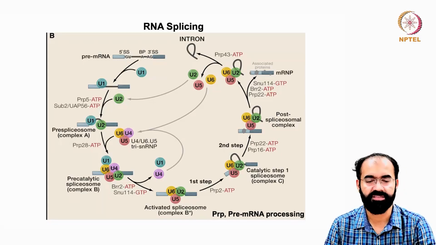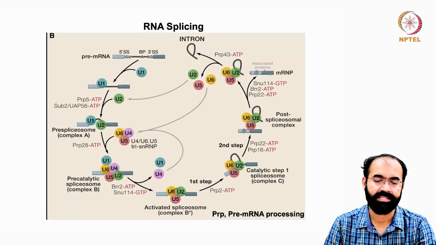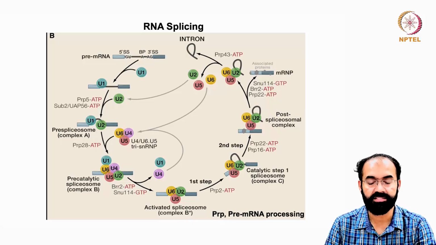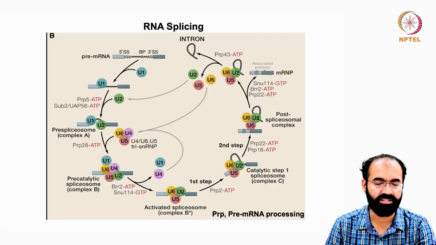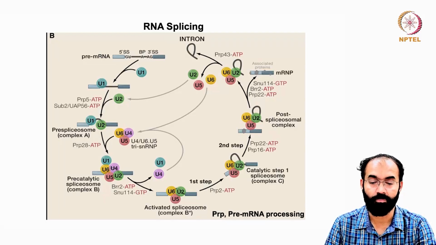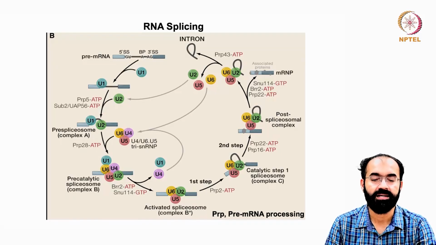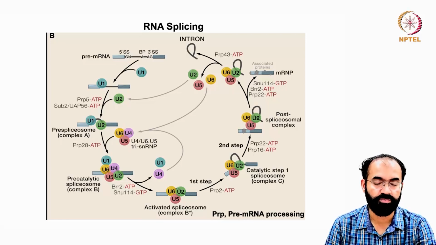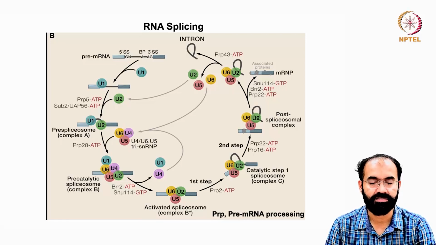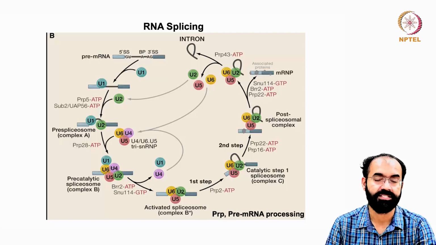So we were here in the previous class, that is RNA splicing in detail, and we were seeing the proteins involved, the complexes that are formed like complex A, complex B star and complex C, and the post-spliceosomal complex, during which 5 snRNPs are utilized: U1, U2, U6, U4, U5, along with the utilization of 10 ATP molecules and 2 GTP molecules.